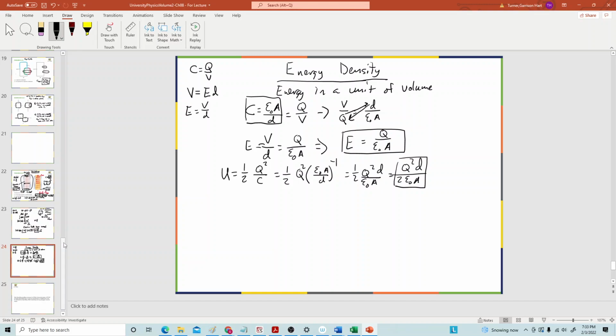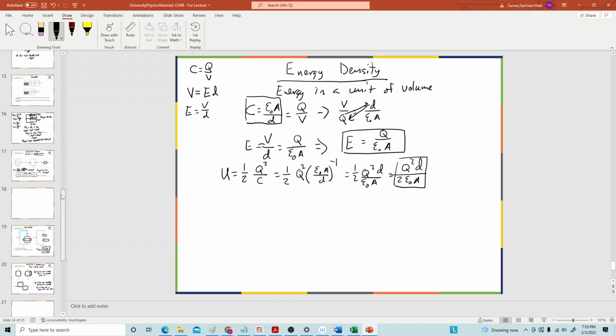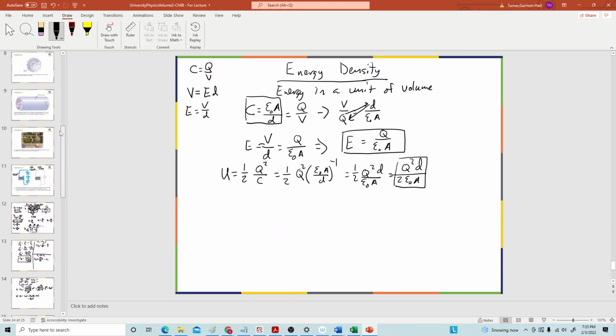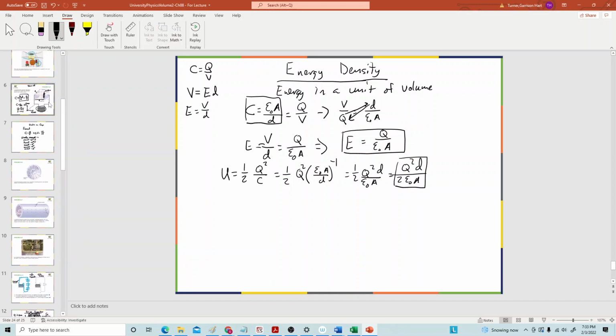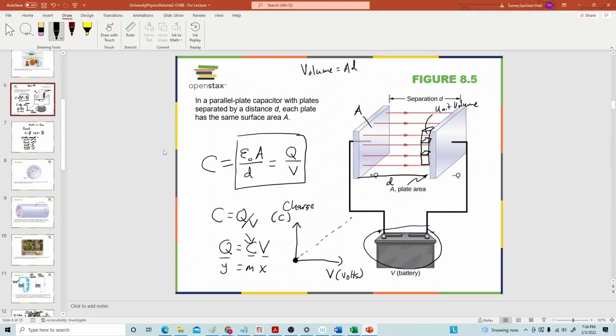But the volume between the plates, right, going back up here, the total volume between the plates, the size of this box right here, the large box right here, the total volume is going to be the area times the distance.